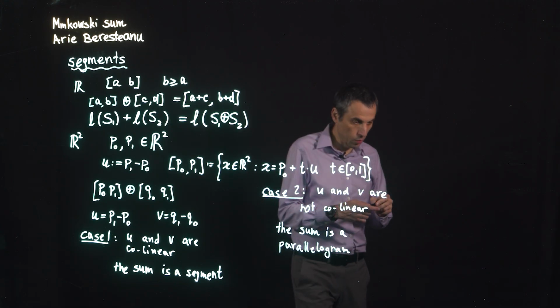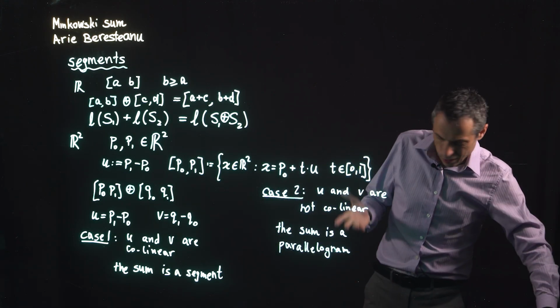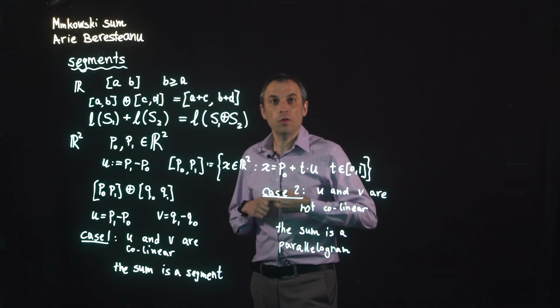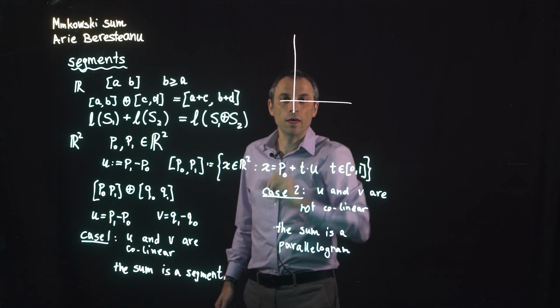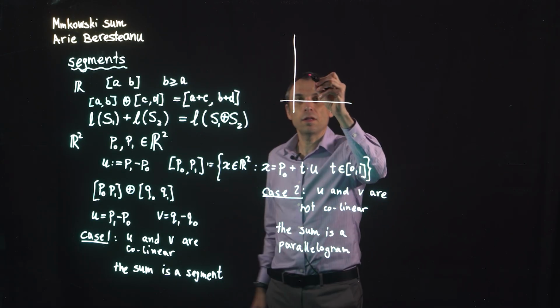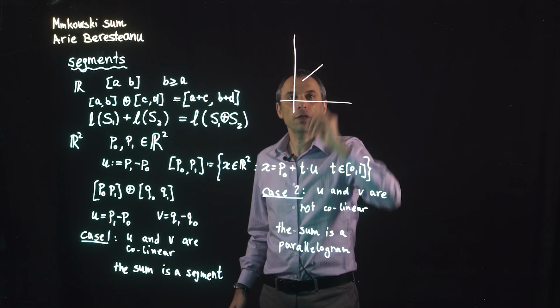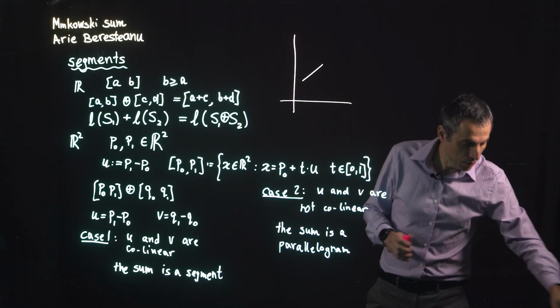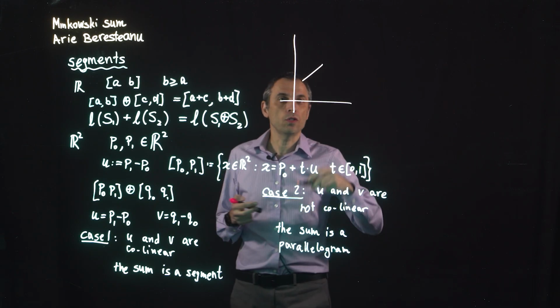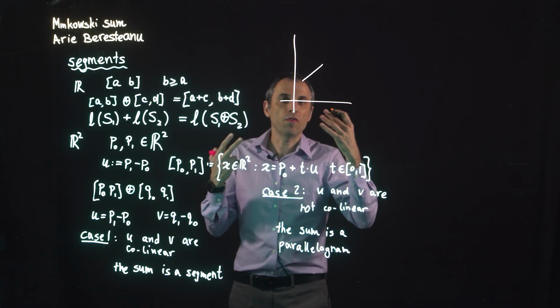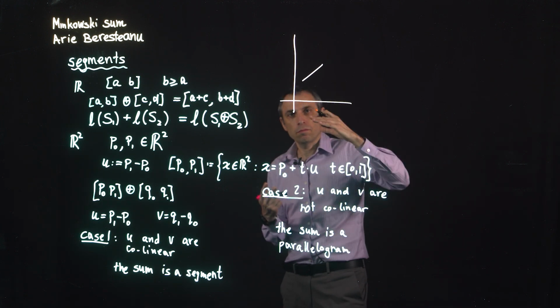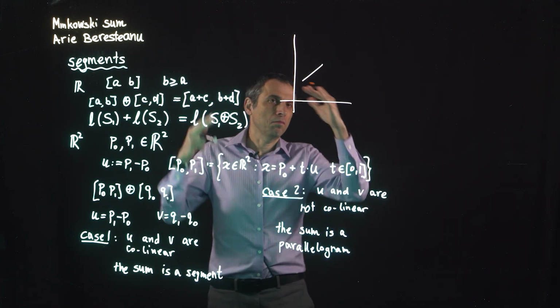Here is a picture of case 2. In R2, I have two segments, let's say this is P0, P1, and another segment which is not collinear, so it will have a different slope.